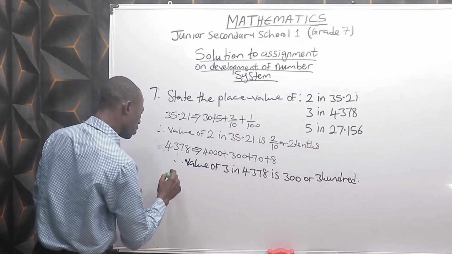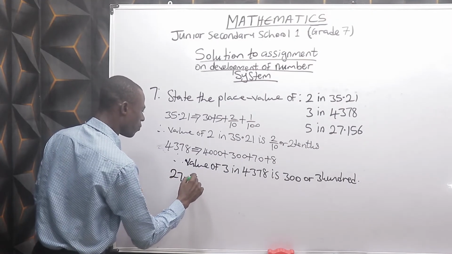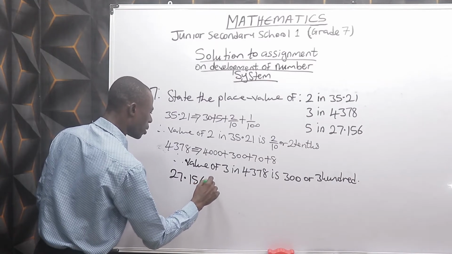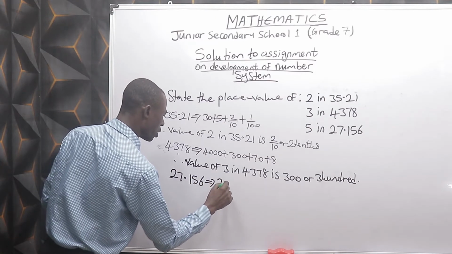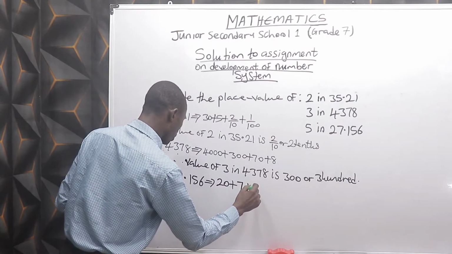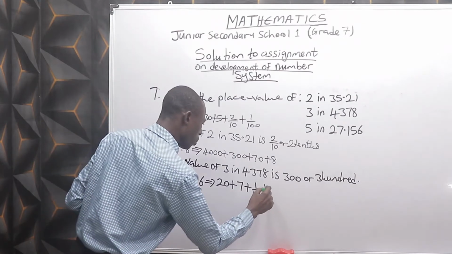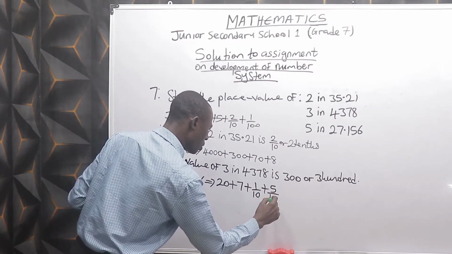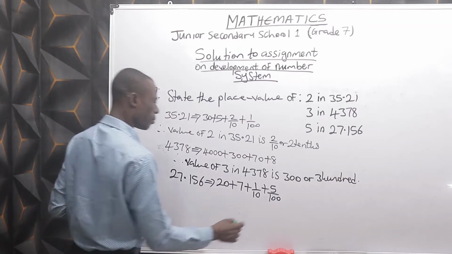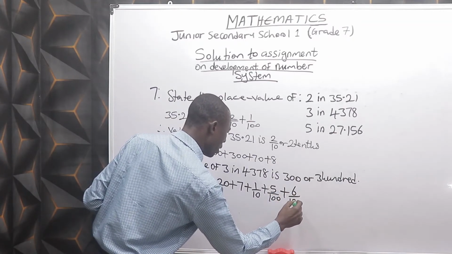And lastly in the question, 27.156 could be written as 20 plus 7 plus 1 over 10 plus 5 over 100 plus 6 over 1,000.